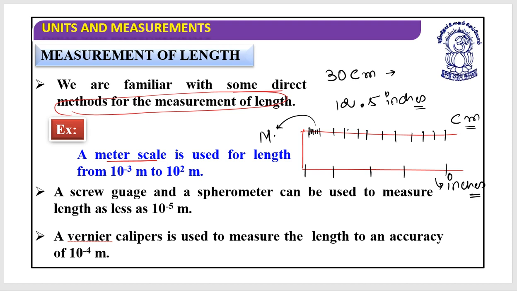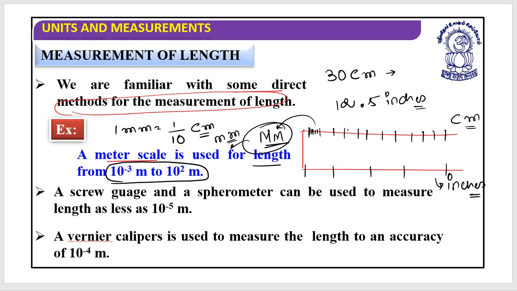They are the millimeters, written as small mm, and I know that 1 mm is equal to 1/10 of a centimeter. That is all I know. So the meter scale is used for lengths in the range of 10 to the power minus 3 meter to 10 to the power 2 meter.